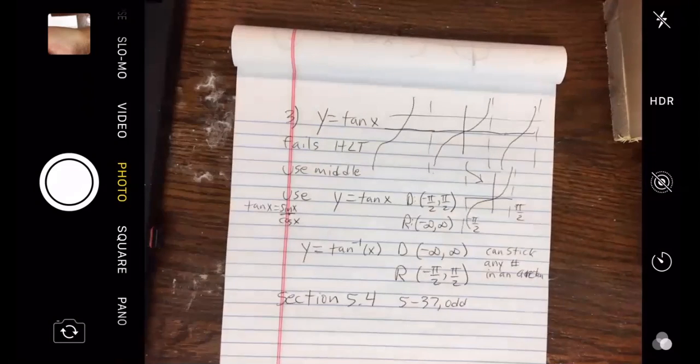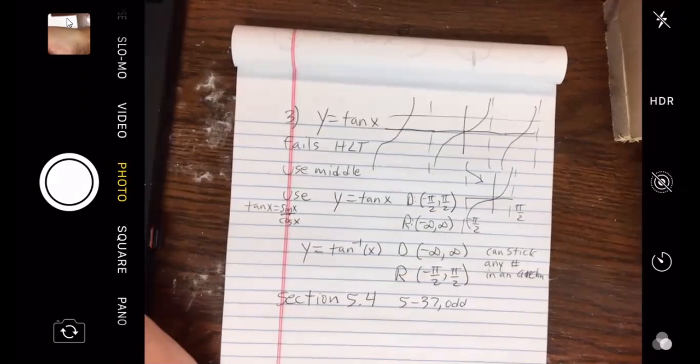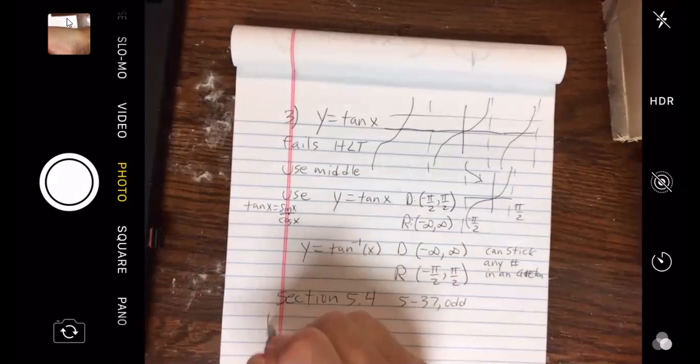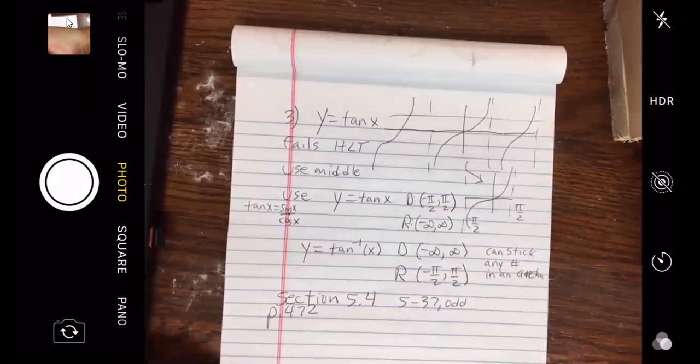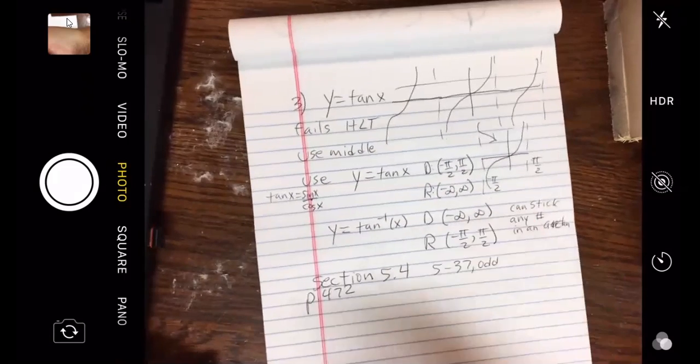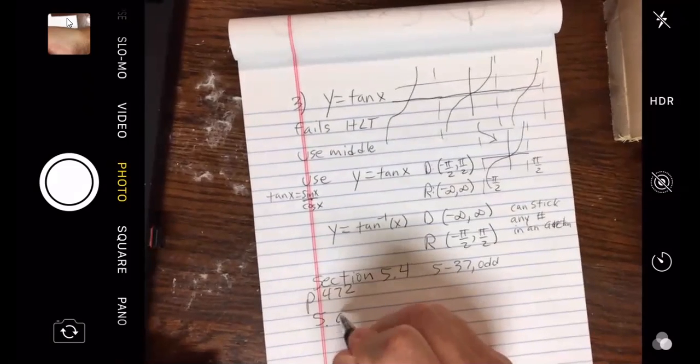So these are off page 472. Okay, they start with problem 5, part A.